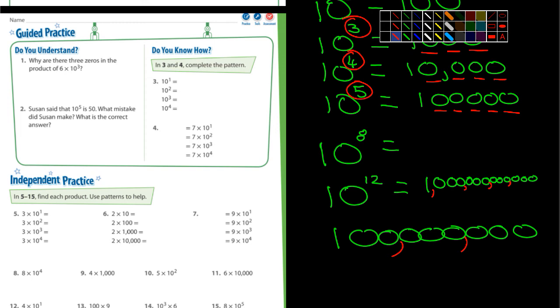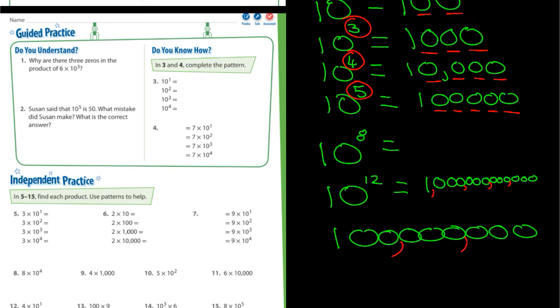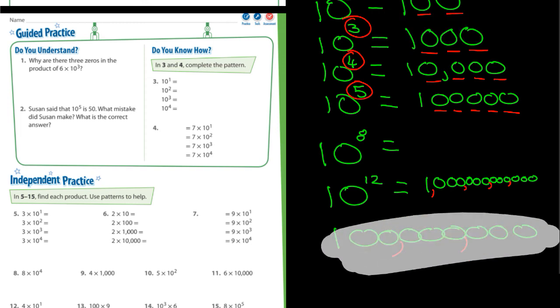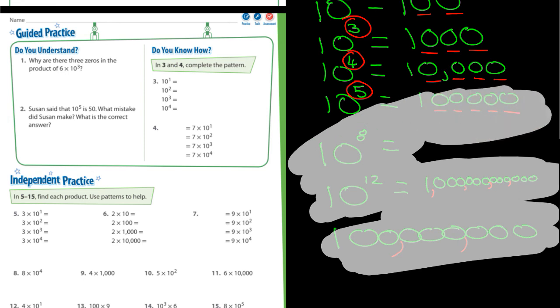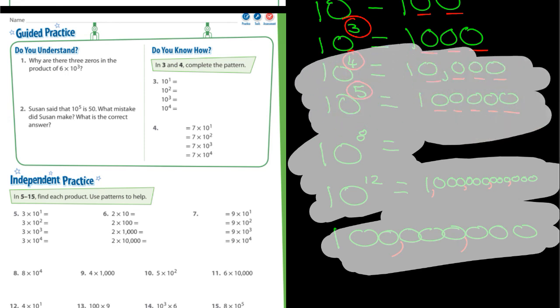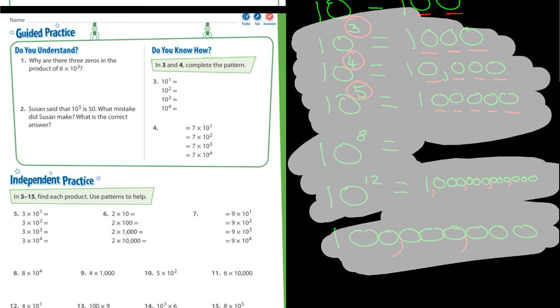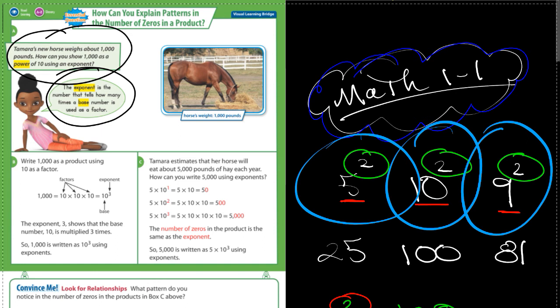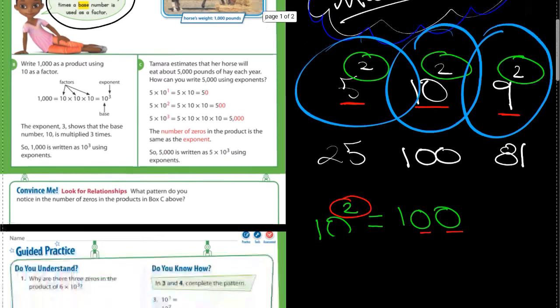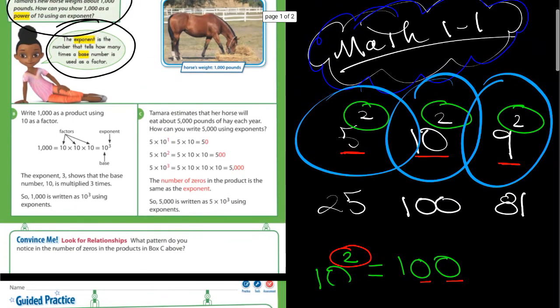I'm going to kind of reverse this, and I'm going to show you something else here. All this that I'm showing you is part of the lesson. Let me move this up a little bit and erase some more.